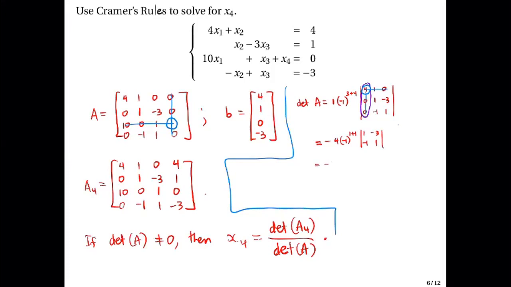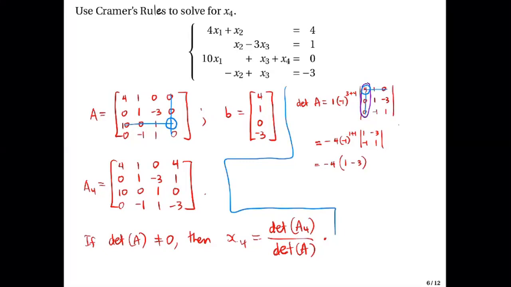Which means this is just negative 4 times 1 minus, so this is 1 times 1, that's 1, minus negative 1 times negative 3, so that's positive 3. Which means we will have negative 4 times negative 2, that's equal to negative 8. This is the determinant of A.